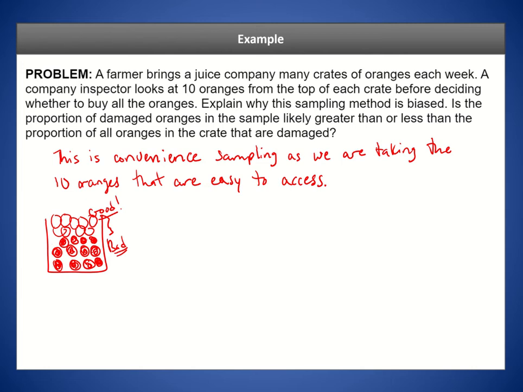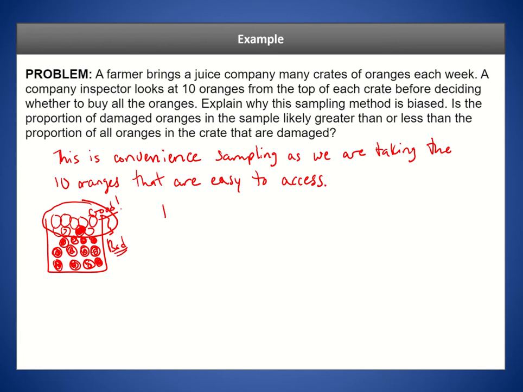We can see that the proportion of damaged oranges is going to be less if we sample the ones on the top. The percentage of bad ones is going to be less if we sample from the top than it would be if we had mixed them up.